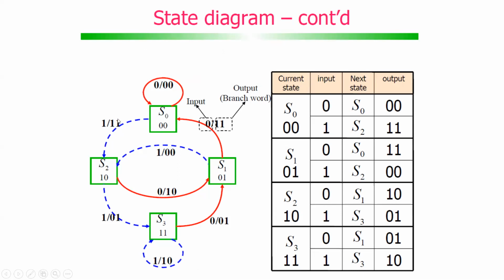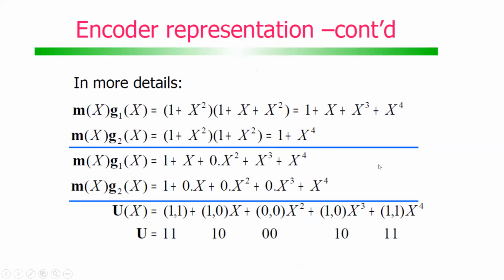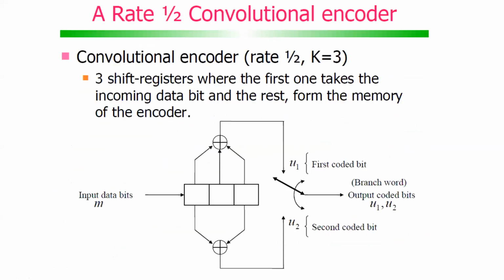In this way, if you try, this is the table: when the state is 0 0, input bit 0 comes, next state is 0 0, and the output is 0 0, next state is S0. So this is a table formed for this encoder structure, right? So this encoder structure can be represented in the form of a state diagram also.